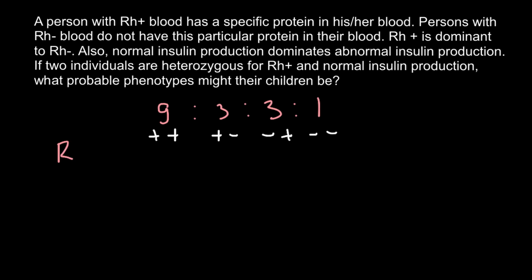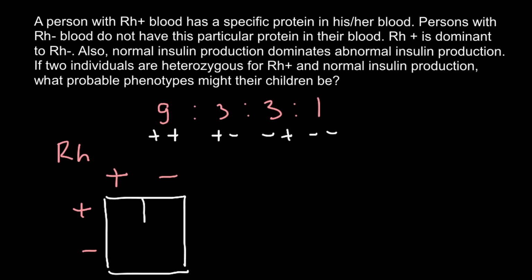So the genotype of the first parent would be positive and negative, so heterozygous. The genotype of the second parent also would be positive and negative. When we build a Punnett square, we can predict all the possible genotypes and phenotypes in the progeny.